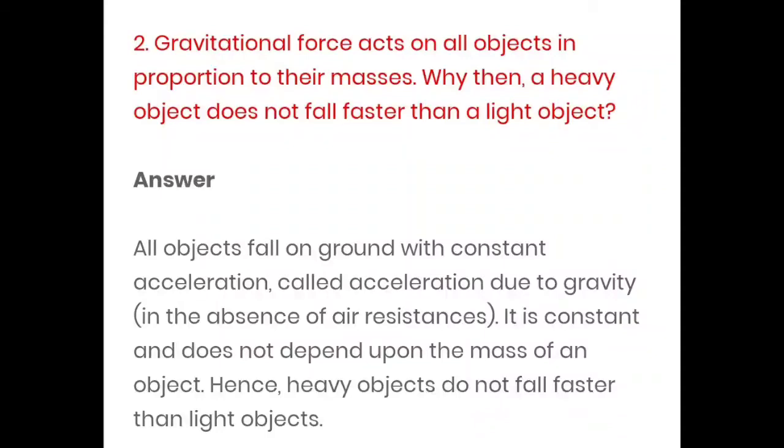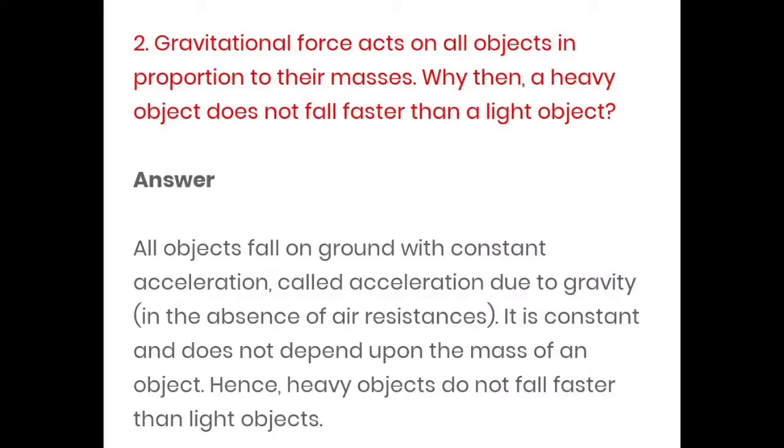Now see the second question. Gravitational force acts on all objects in proportion to their masses. Why then a heavy object does not fall faster than a light object? Answer is, all objects fall on ground with constant acceleration called acceleration due to gravity, means in the absence of air resistance.